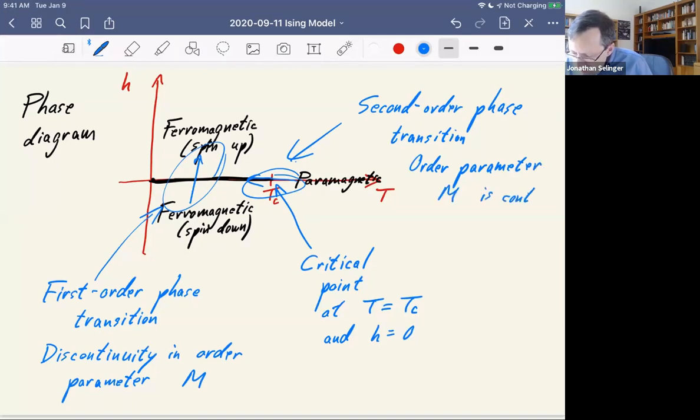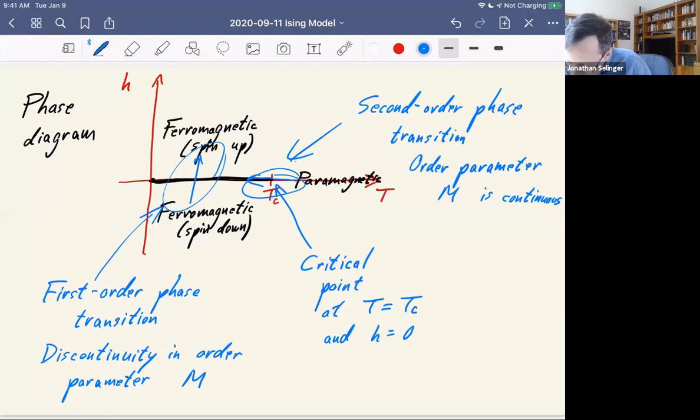That is, M is 0 on the positive side, and then it changes to being a tiny bit away from 0 when you go to the other side, okay? Well, I won't say smooth, it continuously changes away from 0, but in a non-smooth way.